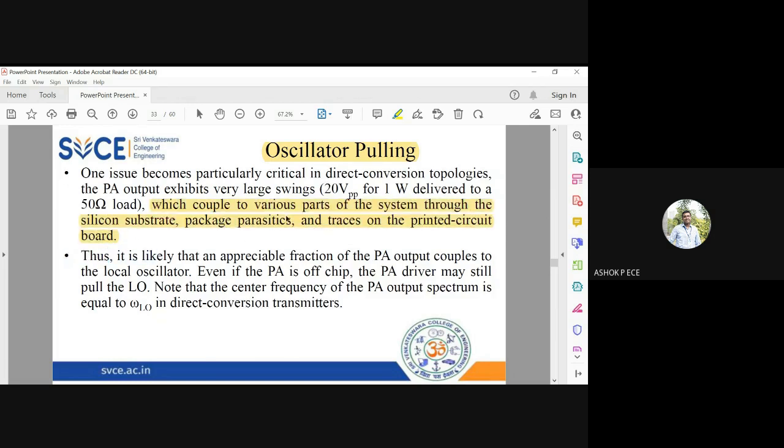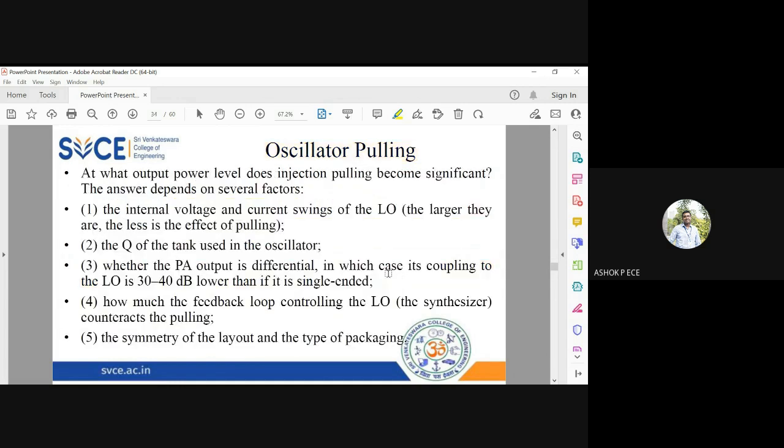So the oscillator output voltage can couple with various parts of the system, maybe through the substrate, the parasitic capacitance, or the printed circuit board. So an appreciable fraction of our amplifier output will couple to the local oscillator. So this is just like coupling between PA and LO. So it will have a huge impact on the spectrum of your transmitter.